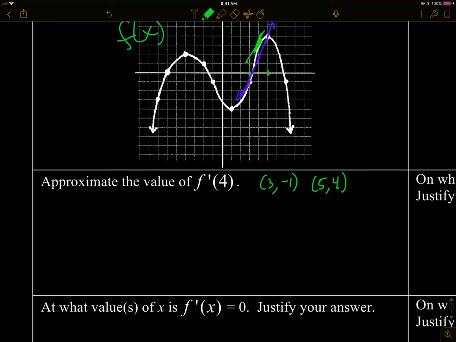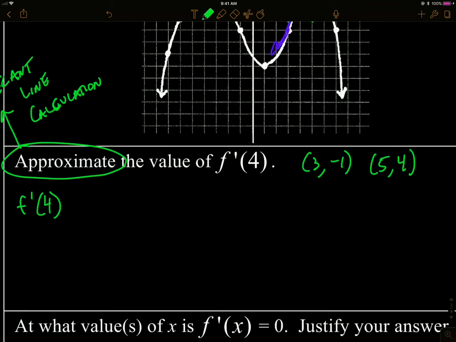So to do an approximation of the derivative at 4, approximation means a secant line. If I want the exact derivative, I'll just do the power rule, or I could do the limit process with the secant, the definition.